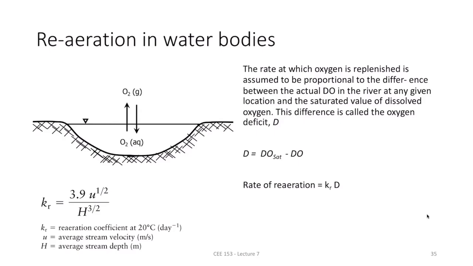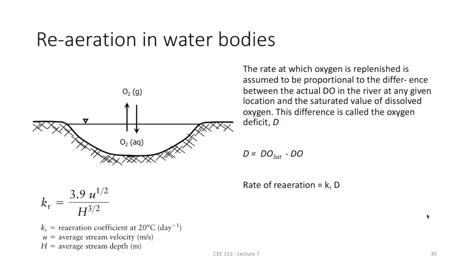So that's why you have to account for the aeration rate. Aeration rate means the rate at which oxygen is being mixed inside the water. So how do you know how much oxygen is being mixed? That depends on the gradients.